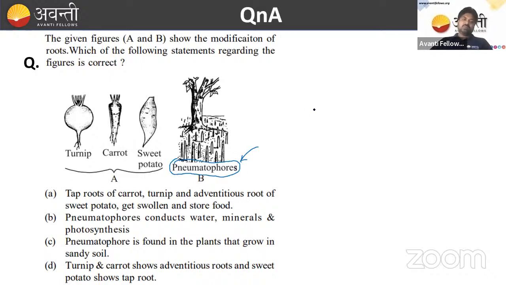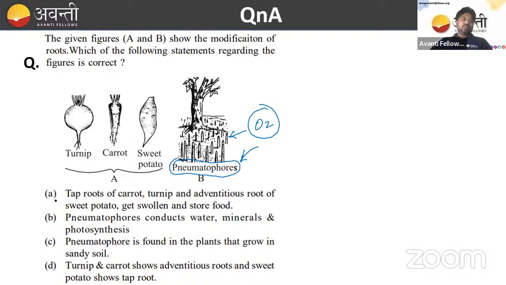Pneumatophores are the roots of mangrove plants which can be found in marshy or muddy places, or saline places, saline and muddy soil. And these roots are useful for the respiration process, meaning they provide O2 to the roots.